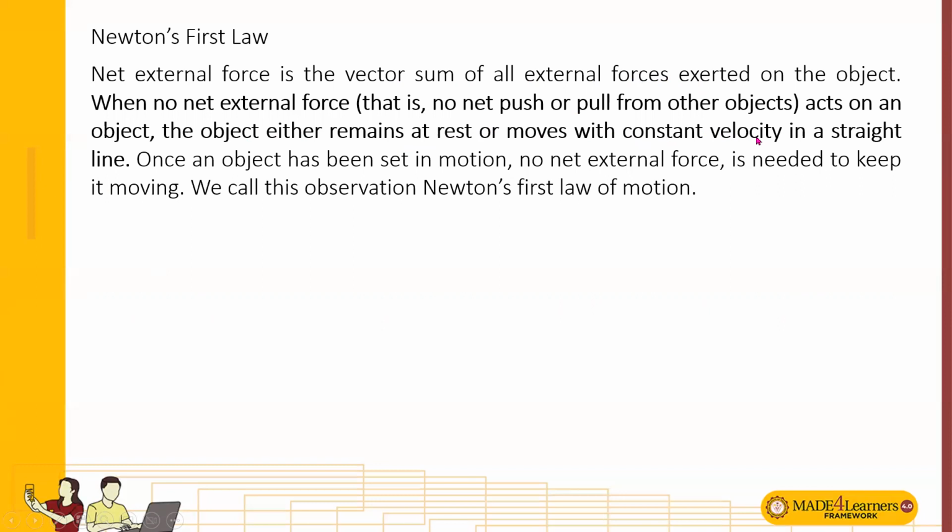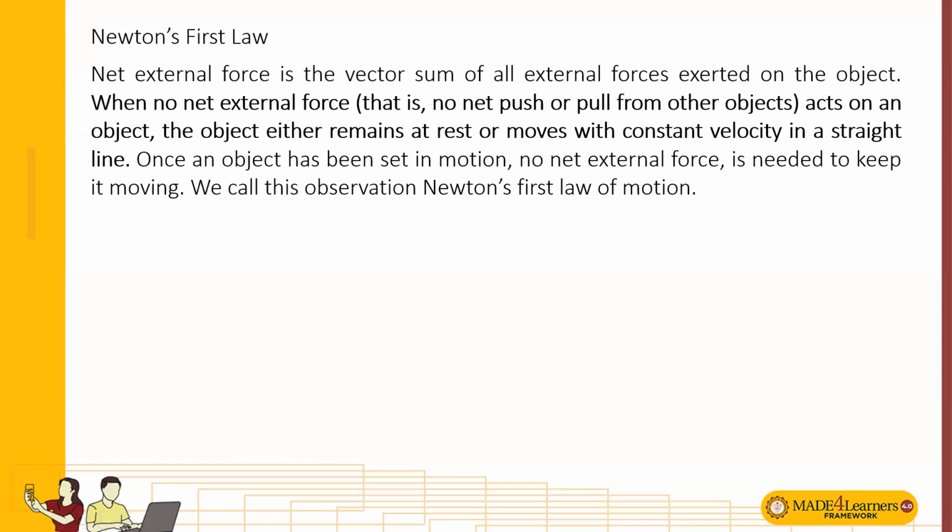If there is already a net external force, also called an unbalanced force, then the motion of the object will change. It will still be moving, but no longer at constant velocity.